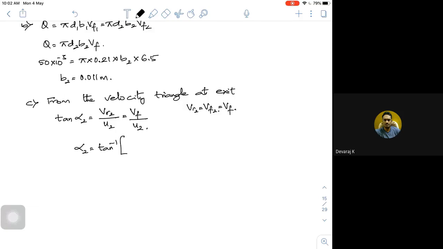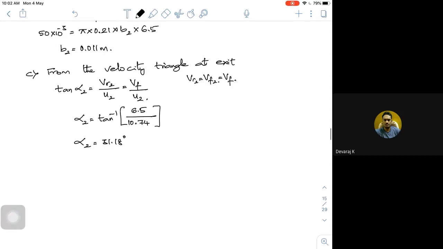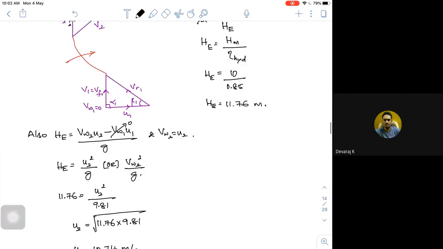It's given in the numerical as 6.5 divided by U2, which is 10.74 meters per second. If I calculate, I am getting 31.18 degrees.